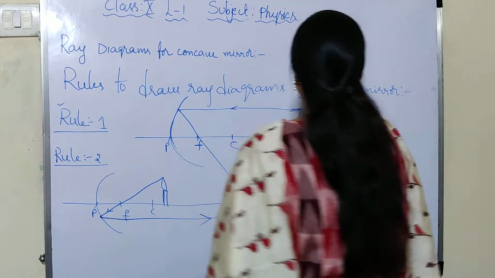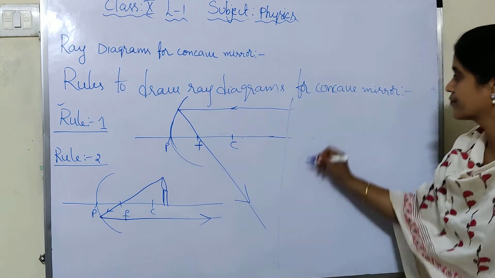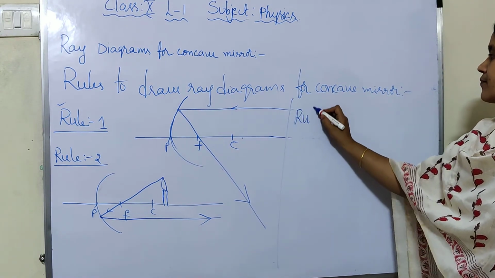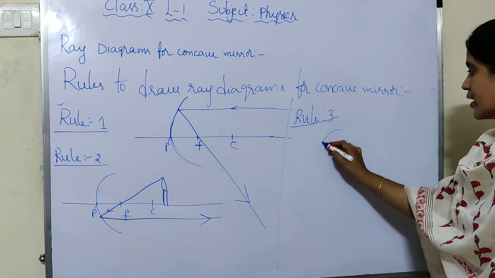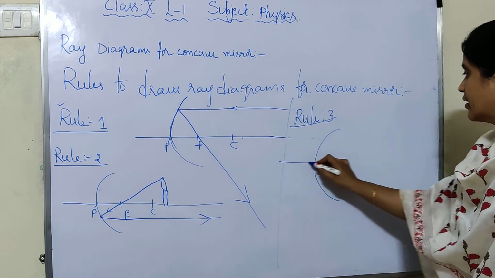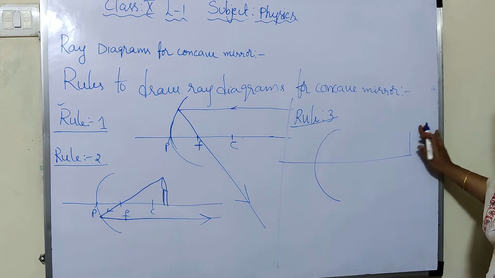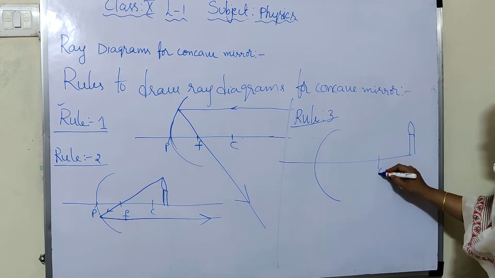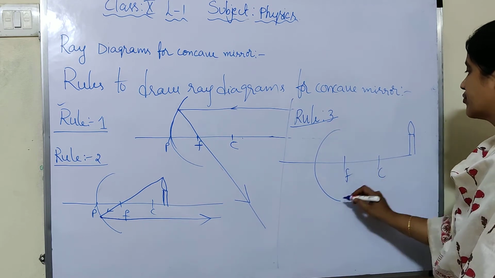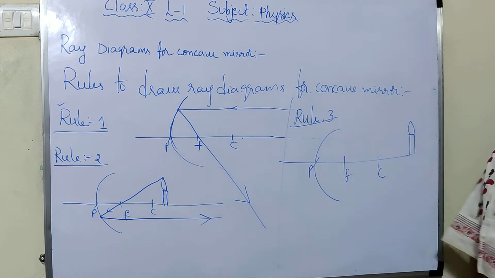Now, I will draw rule 3. What is rule 3? When a ray is passing through the center of curvature, here is the center of curvature, this is the focus, and this is the pole.